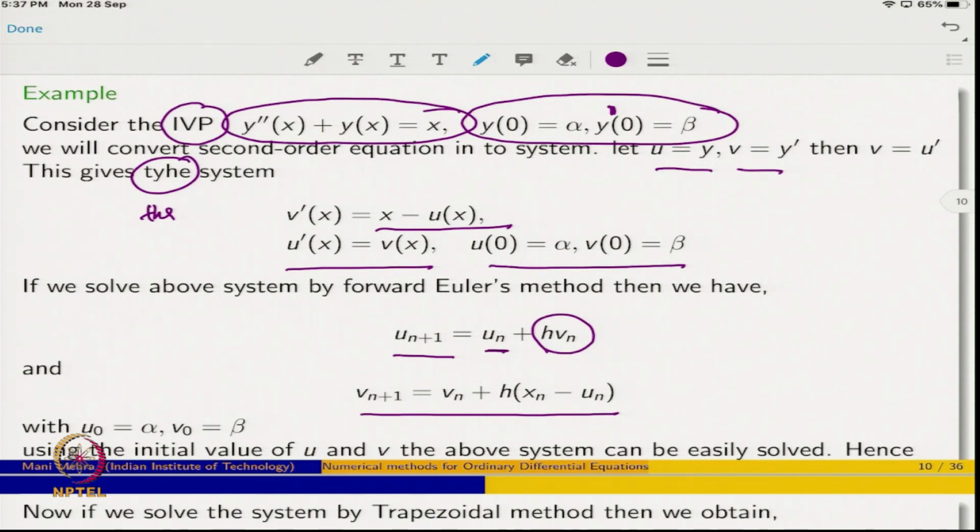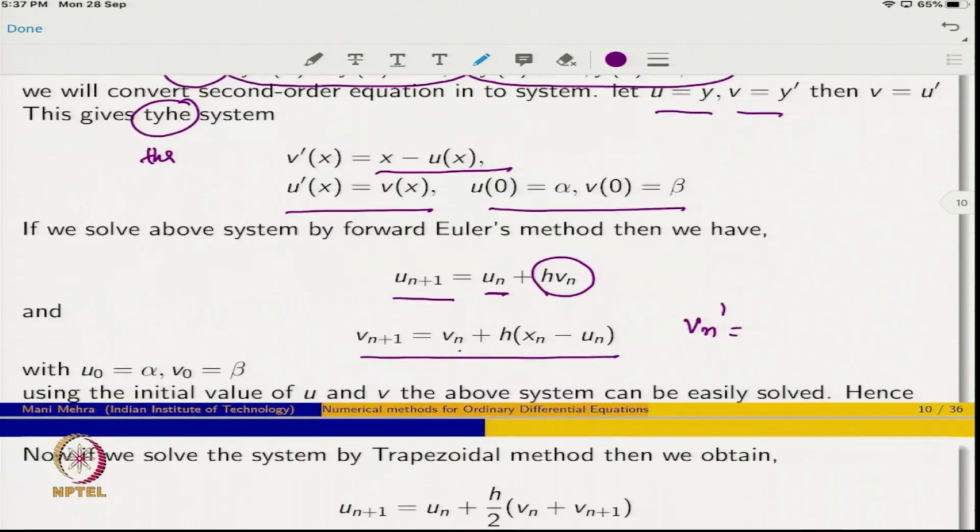So, Vn plus 1 is equal to Vn plus h, where Vn dash is this, xn minus un, which we substitute from here, with u0 is alpha and v0 is beta.